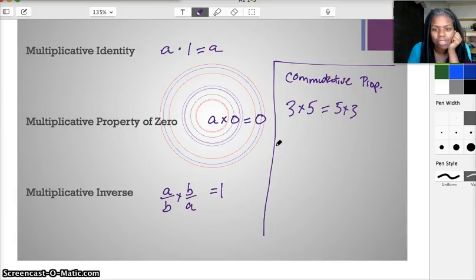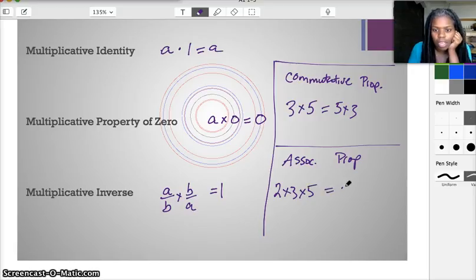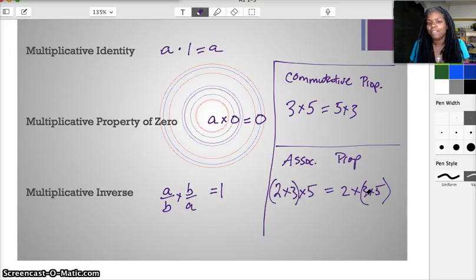It is the same thing. And my final property, the associative property over multiplication: if I have 2 times 3 times 5, it doesn't matter the order. I'm going to take these 2 first, then multiply the 5 in, or I can take the 3 and 5 and then multiply the 2.